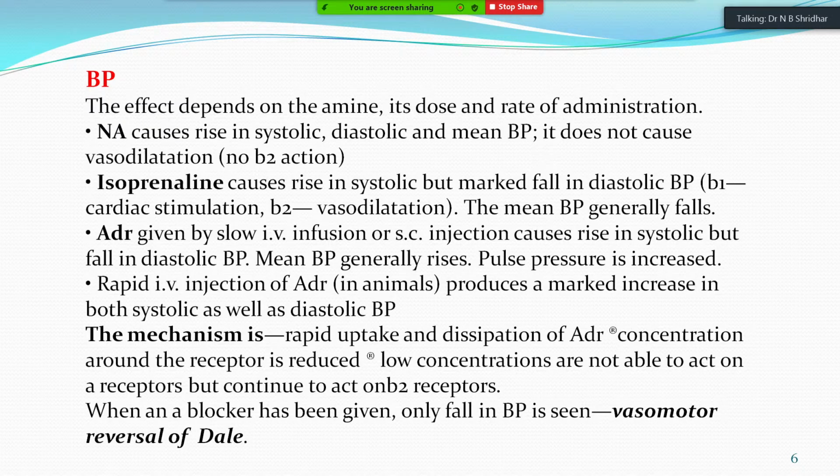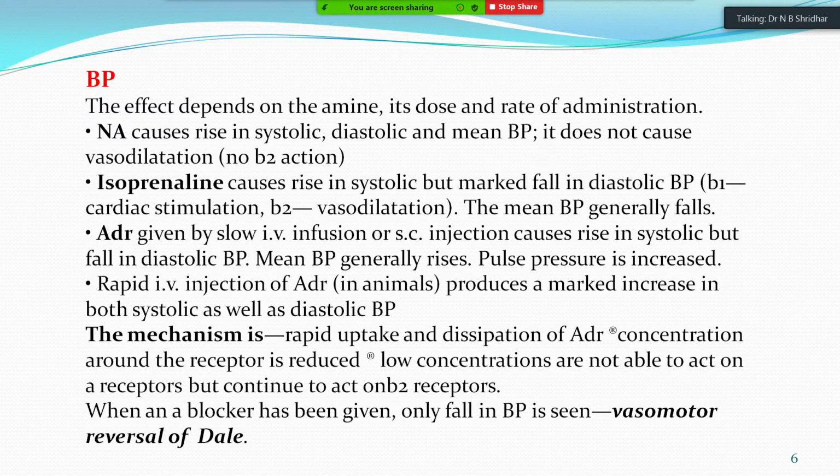Since it increases the heart rate and the force of contraction, because of this the blood pressure increases. Whereas the other drug, isoproterenol, is very specific to the beta type of receptor, so it causes a rise in the systolic but a marked fall in the diastolic pressure, because of the beta 1 cardiac stimulation, whereas it also acts on beta 2 and causes vasodilatation.